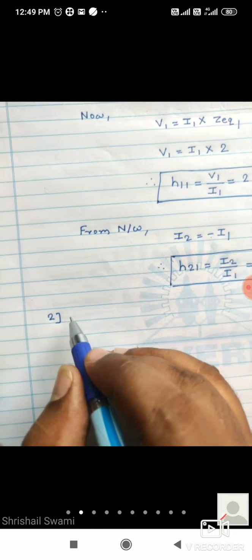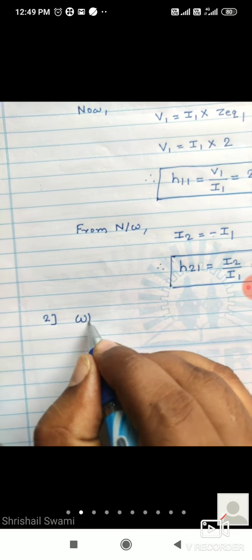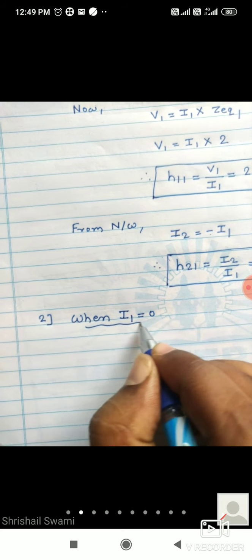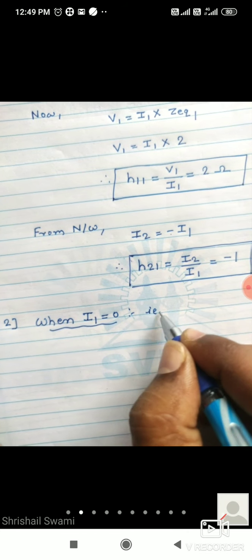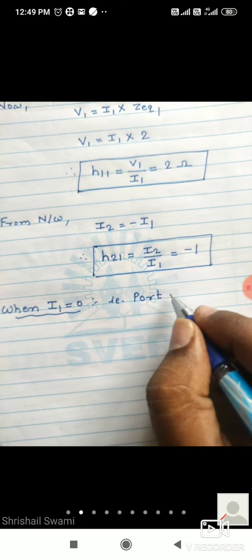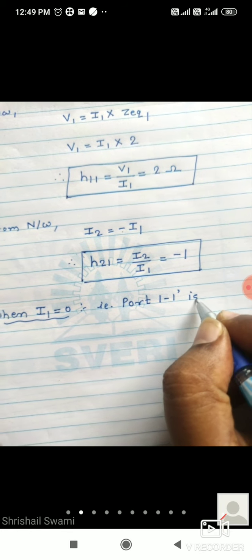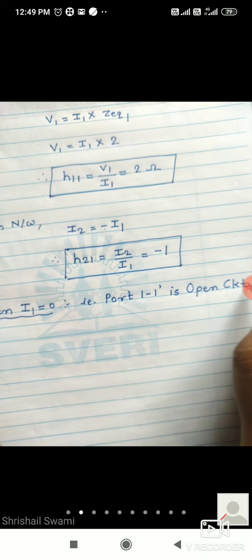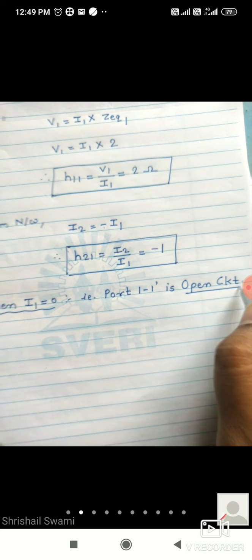Okay, very simple. Now next one, the second condition. So what is the second condition? I1 equal to 0. When I1 is equal to 0, that means port 1 1 dash, since it is related to the first port, is open circuited.